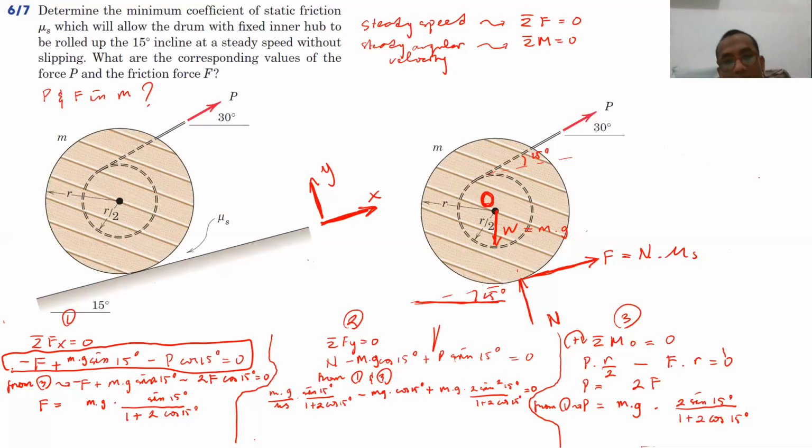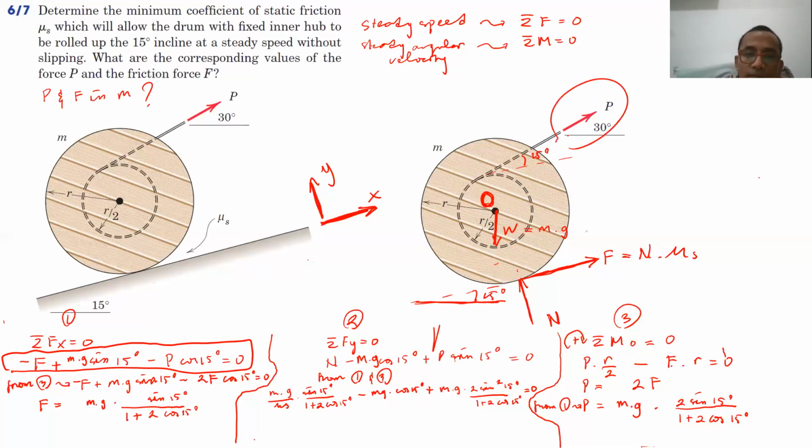Then we move to the second equation, sigma Fy equal to 0. Using sigma Fy equal to 0, if going up is positive, what I will have is N. Then I will have as well W cos 15 degrees, and P sin 15 degrees.